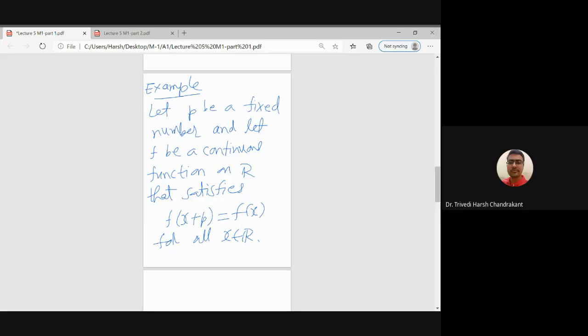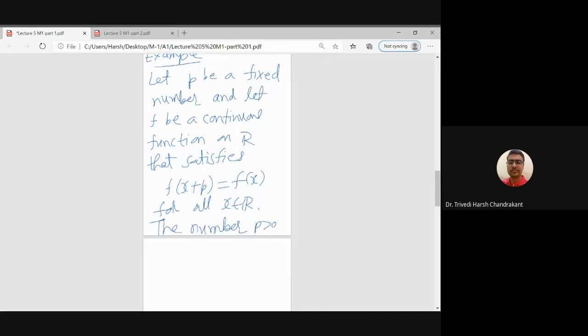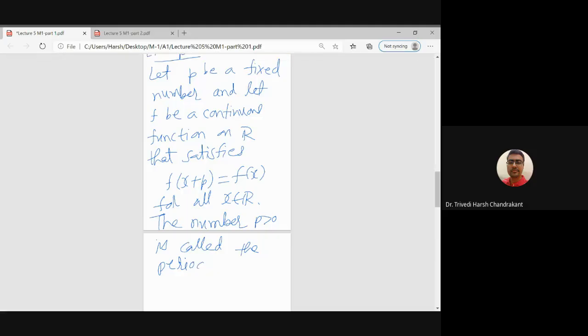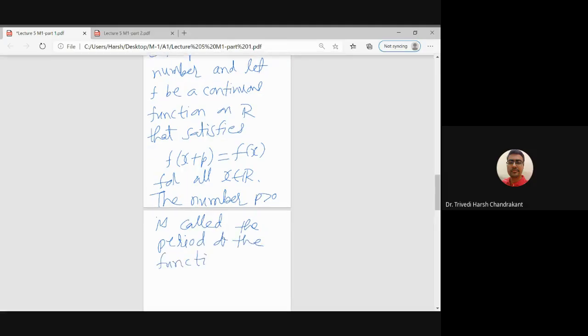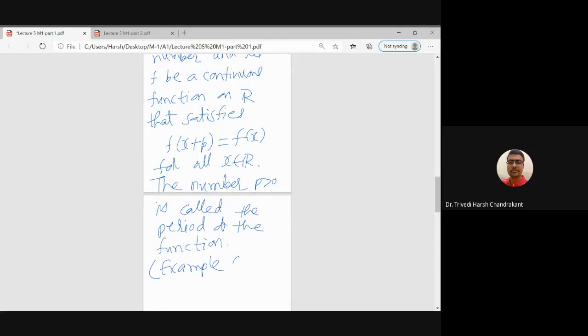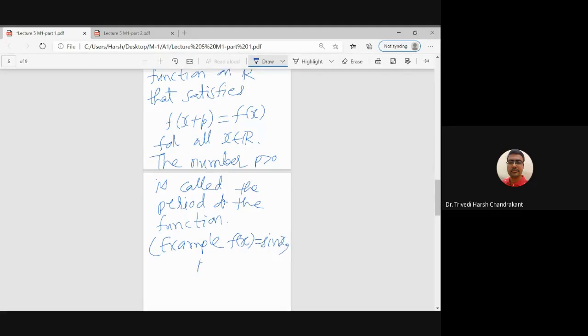Such a function is called a periodic function, and this number p, which is greater than 0, is known as the period of the function. As you said, the example is fx equal to sin x or cos x, and here p is 2 pi.